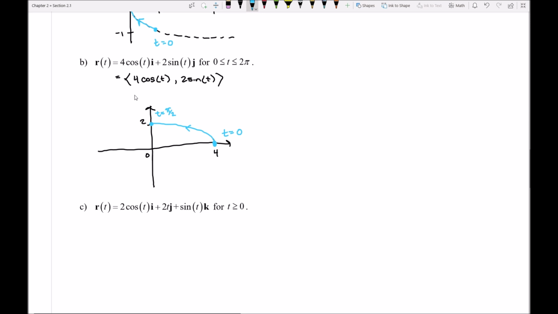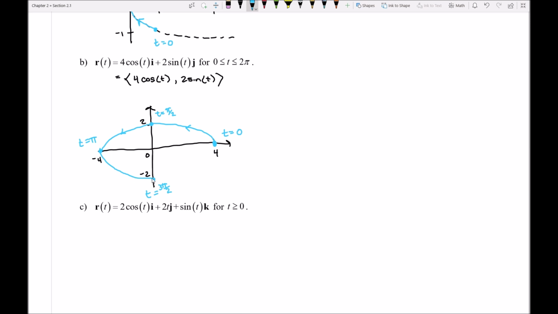If I progress to t being at pi, then I'm just going to end up with a value of negative 4 in the x direction, 0 in the y direction. I'm over here when, again, t is pi. And if I was to go up to t is 3 pi over 2, then I would get down to a value here of negative 2.